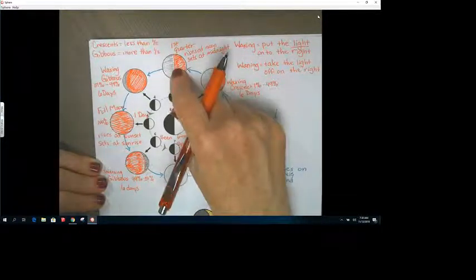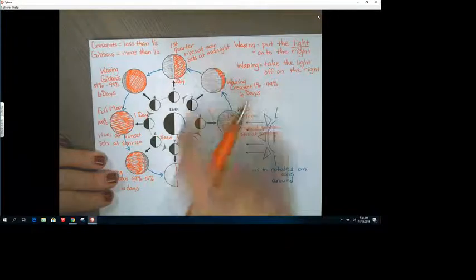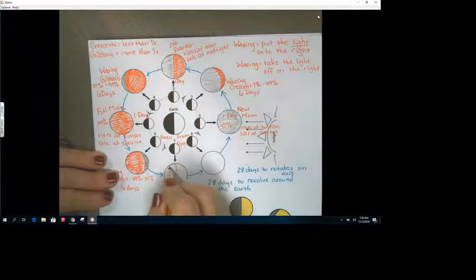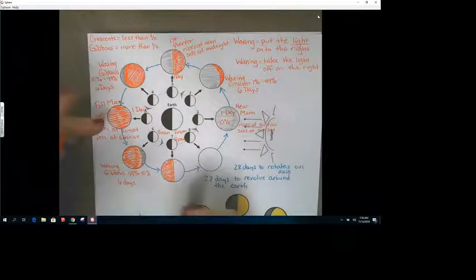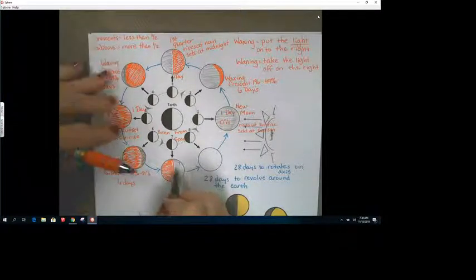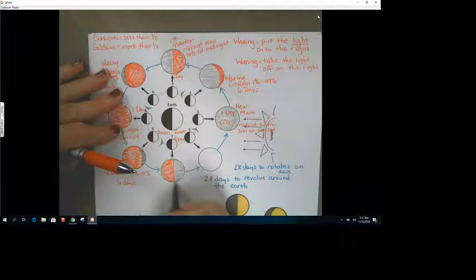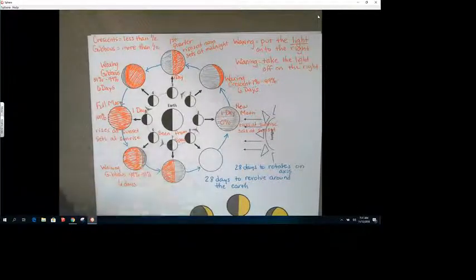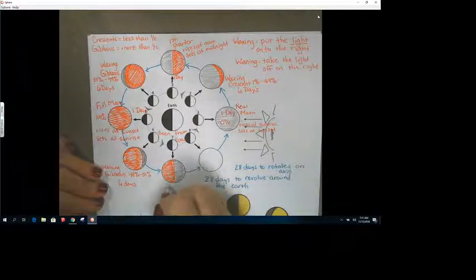Remember, if my lighted side is here for waxing, it's going to be on the opposite side for waning. Alright. So third quarter.